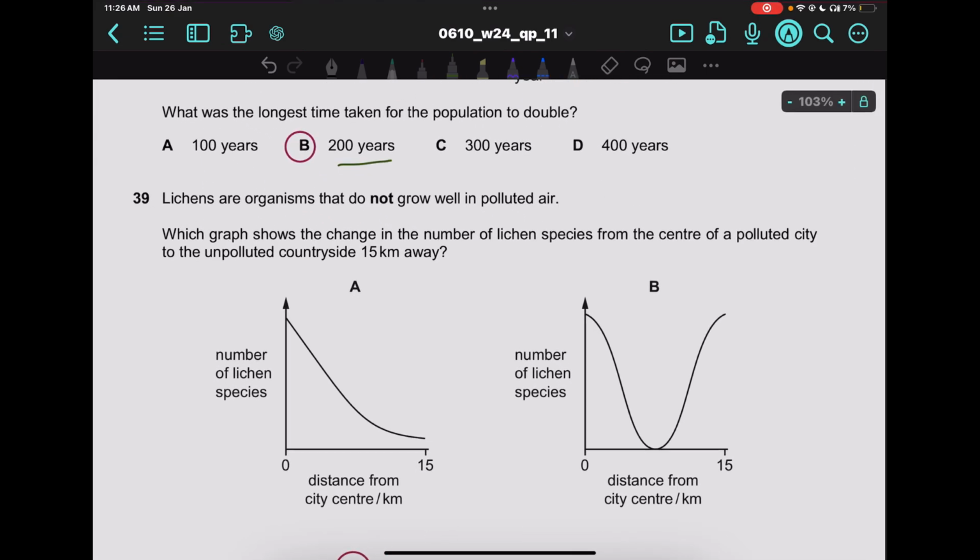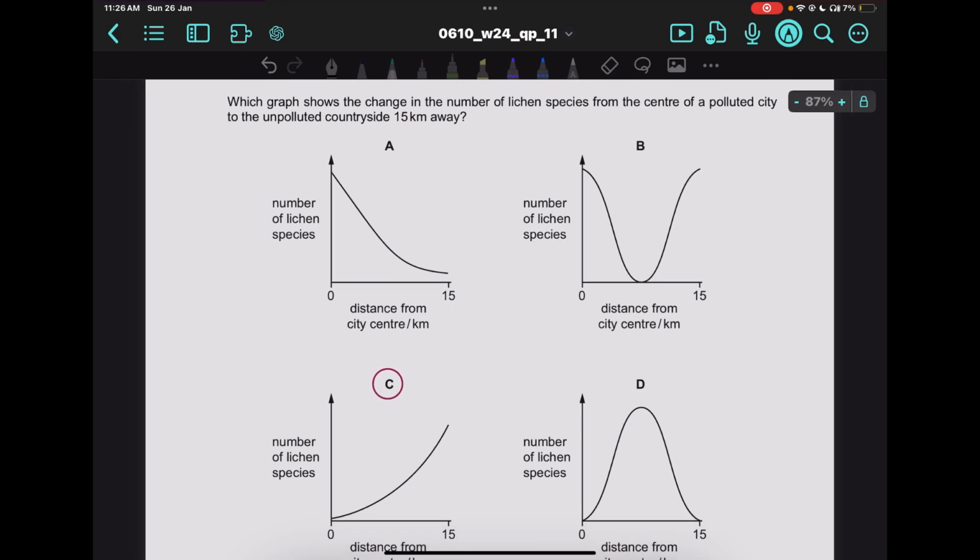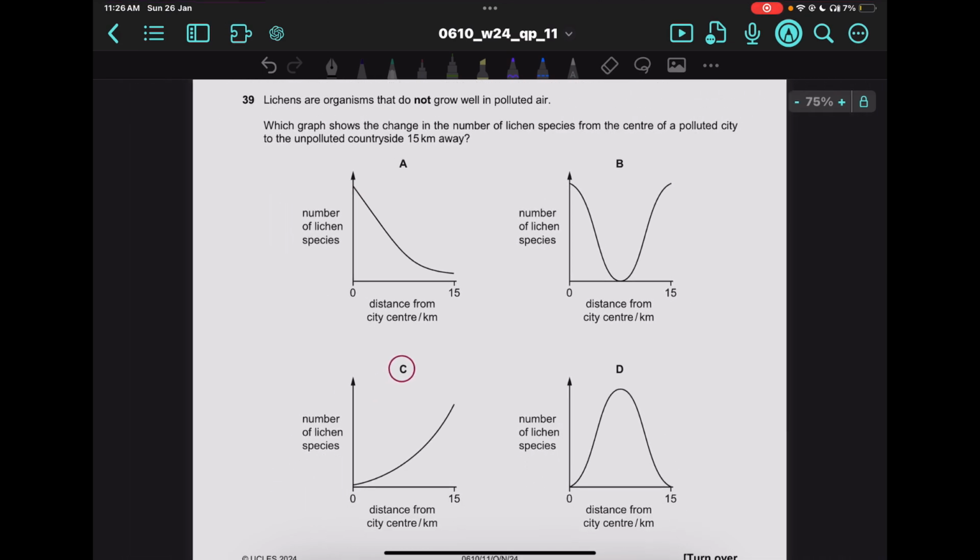39. Lichens are organisms that do not grow well in polluted air. Which graph shows the change in the number of lichen species from the center of a polluted city to the unpolluted countryside 15 kilometers away? So they do not grow well in polluted air, so they will actually go a further distance from the place that is polluted.